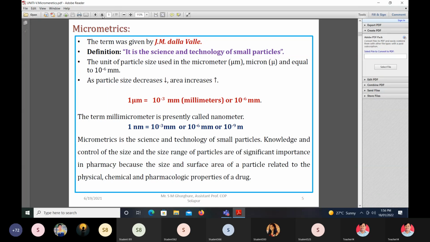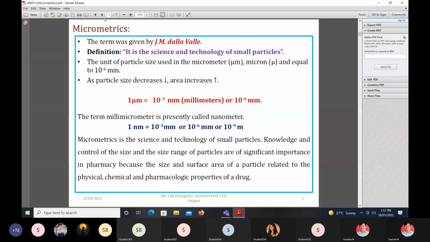Micromeritics is the science and technology of small particles, and by using this knowledge to control the size and size ranges of the particles is significantly important in the field of pharmacy, because there is a relationship between the size and surface area of the particles, which is related to the physical, chemical and pharmacological properties of the drug molecules.